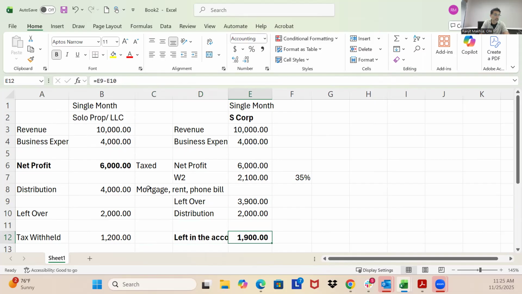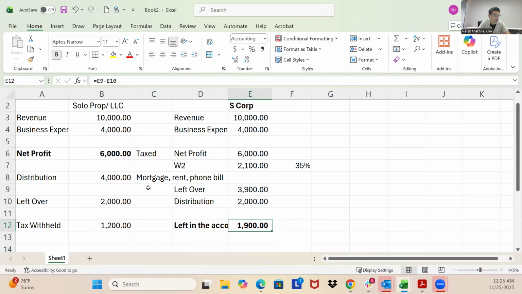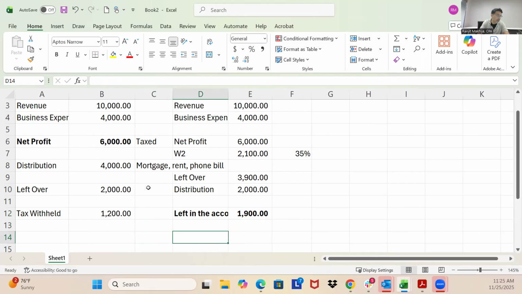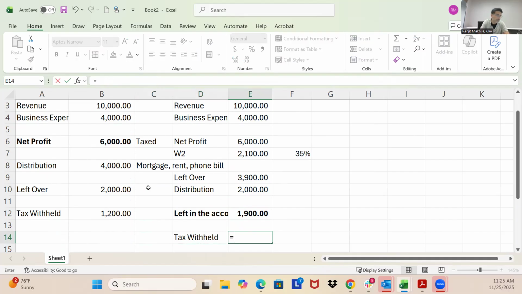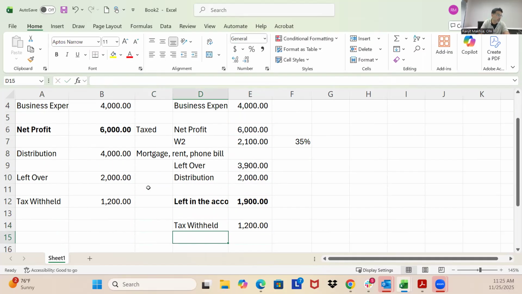That's going to leave $1,900 in your account. Tax-wise, you want to withhold. Tax withheld is the same, this times 20%.